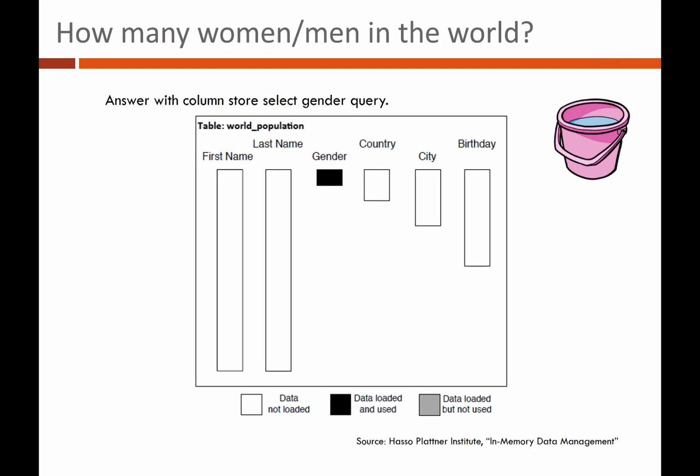Well, suppose we're looking at a column store architecture. All the first names are stored together, all the last names are stored together, all the genders are stored together, and so on. So sticking with my example, if you stick your bucket into the gender pool and pull it back out, everything in your bucket is a gender, right? The last time you put the bucket in, you might get a little bit of country.